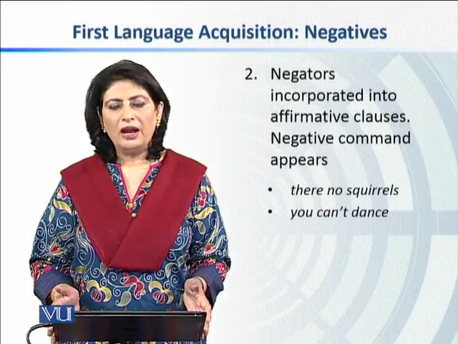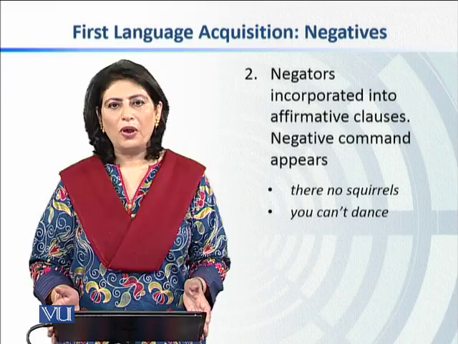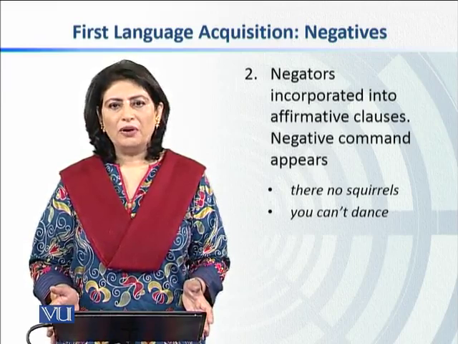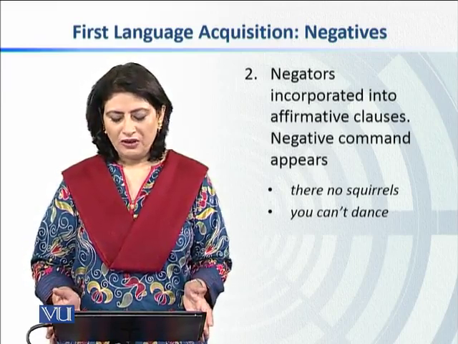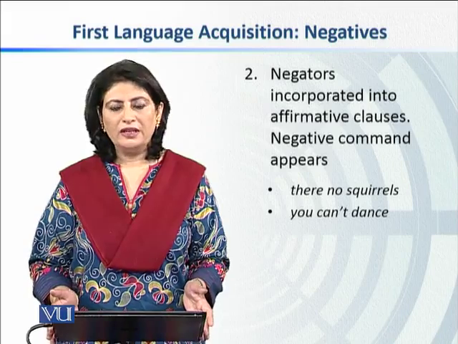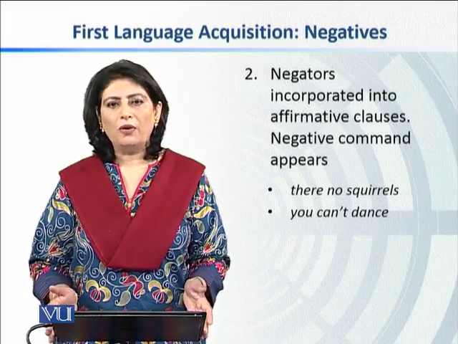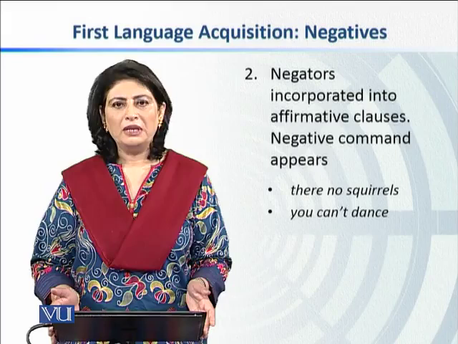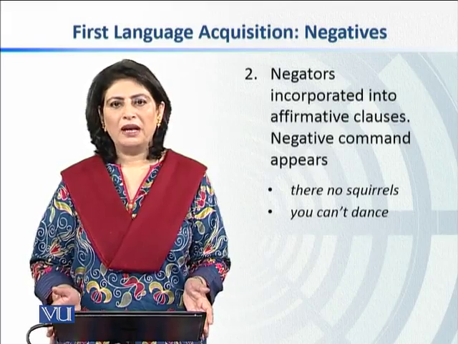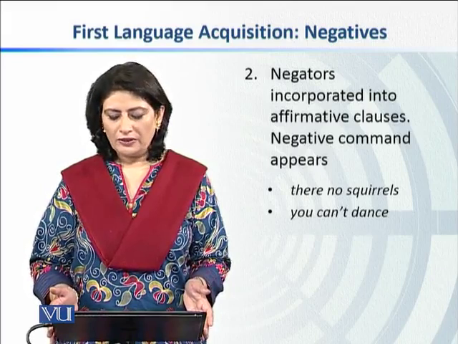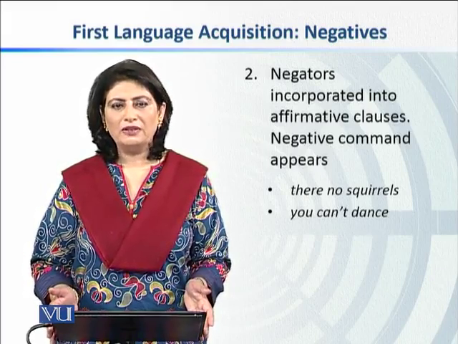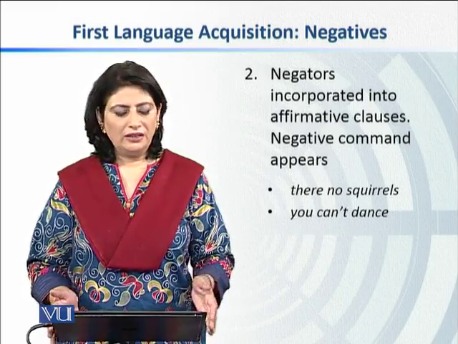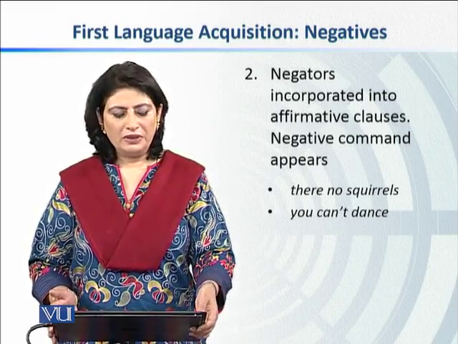So gradually, at stage 2, the children will incorporate negatives into the affirmative sentences or clauses. So there are no squirrels. You can't dance. We call them affirmative clauses because if you take out the negative from here, it will almost become a positive clause. For instance, remove can't from you can't dance, it will be you dance. So now the child has inserted the negative into the affirmative clause.